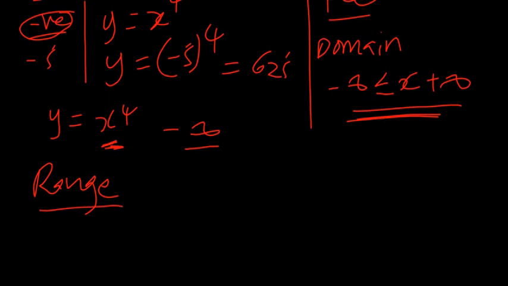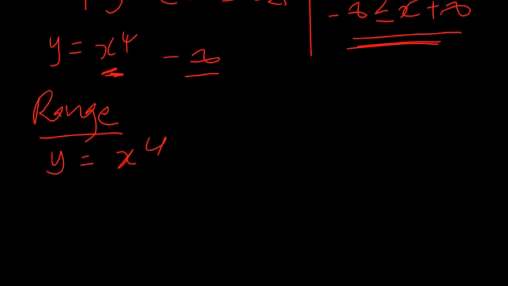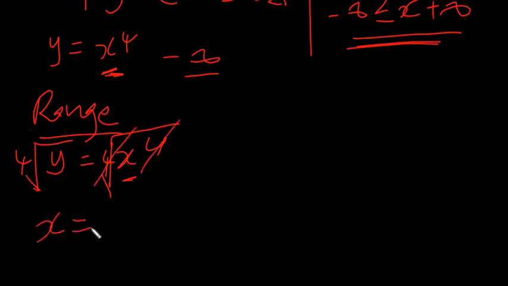Now, the range is, these are the positive y values. For example, if we have y is equal to x raised to 4, if I make x the subject of the formula, I take the fourth root on both sides. That means that this will cancel this, so x is equal to the fourth root of y.